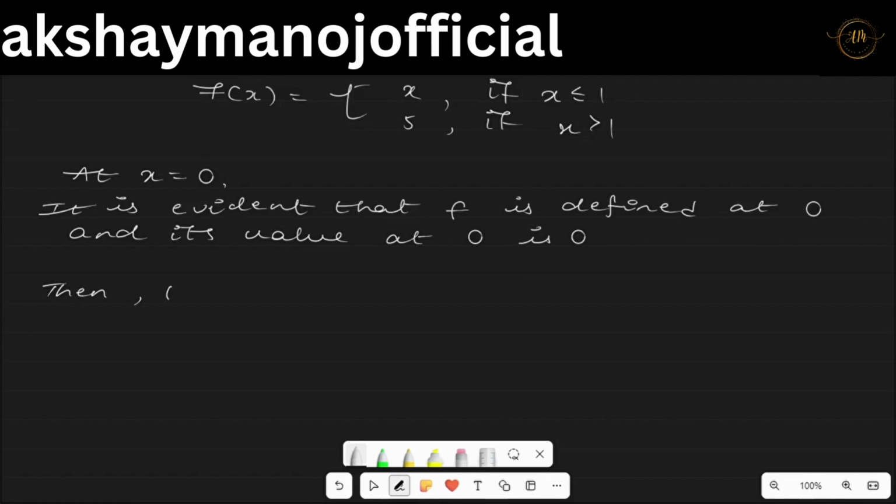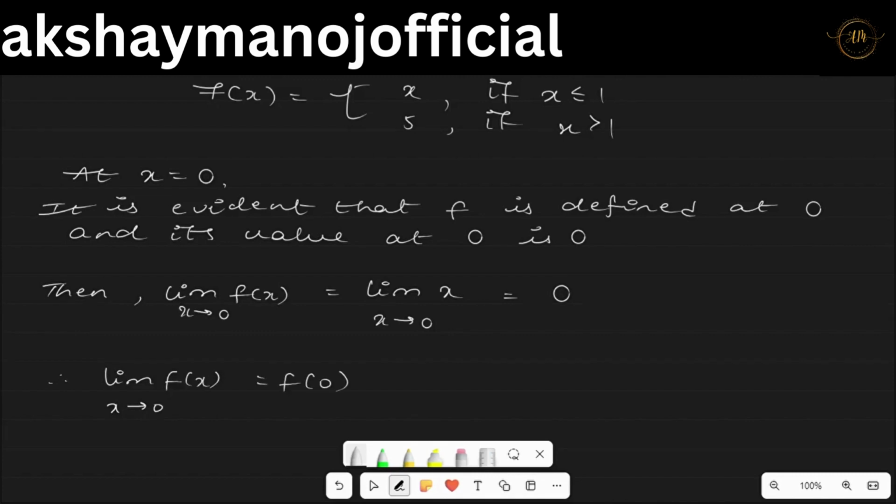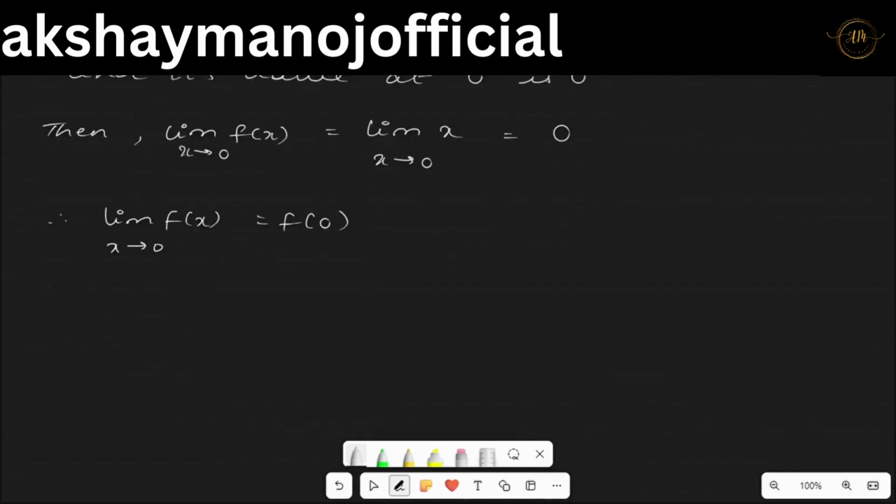Then limit of f of x as x tends to 0 is equal to limit of x as x tends to 0, which equals 0. So clearly, limit of f of x as x tends to 0 is equal to f of 0. So henceforth f is continuous at x equals 0. Right.